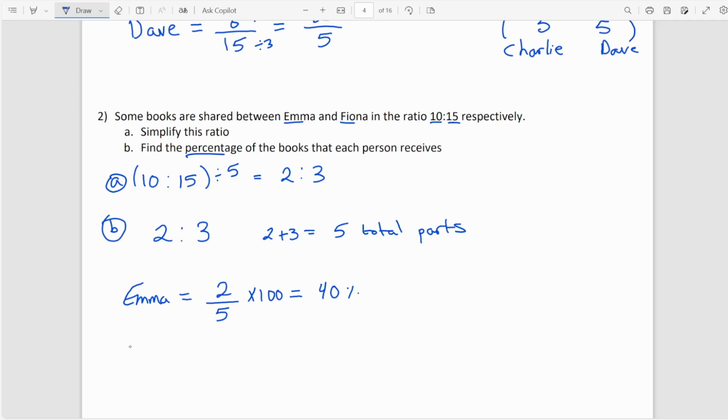Now, as for Fiona, she has 3 parts out of a possible 5 parts, and multiplying this by 100 gives us 60%. Okay, so this is Fiona's percentage, this is Emma's percentage. And again, we didn't need to know the number of books. We were just told some books.